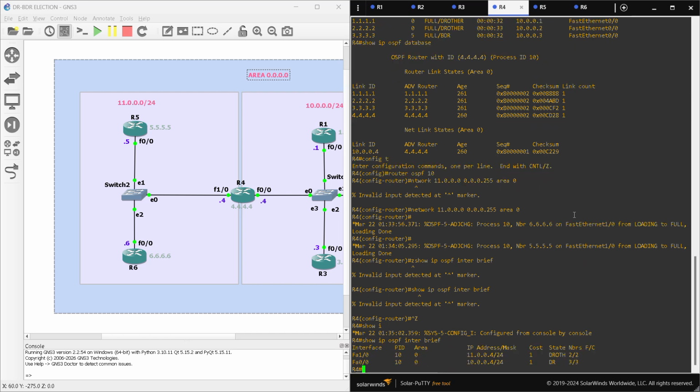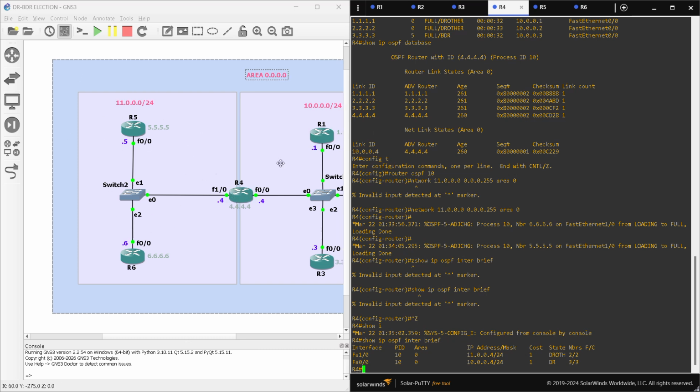Okay, so here, as you can see, we have two entries as R4 is in two segments, in two networks, right? The very first is FastEthernet 1/0, this 11 network, where it is behaving as DR other, right? And the second one is FastEthernet 0/0, where we have three neighbors, as it is acting as designated router.